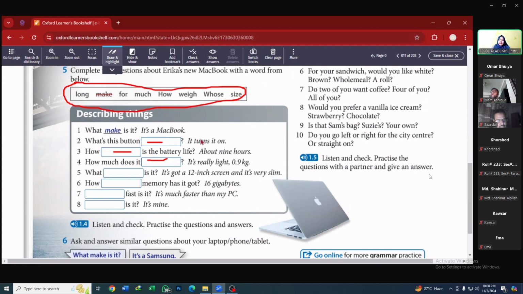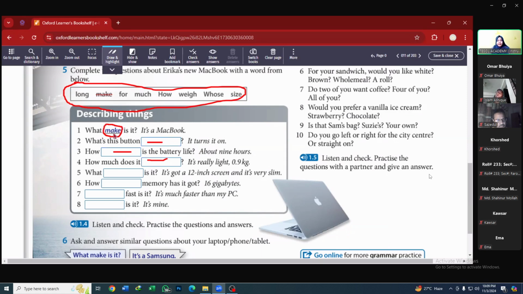So here, describing things, the questions are given, there are answers given. The first one has been done for us. The question is, what dash is it? The answer is, it's a MacBook. The answer for the blank is, what make is it? We oftentimes ask, what brand is it, right?